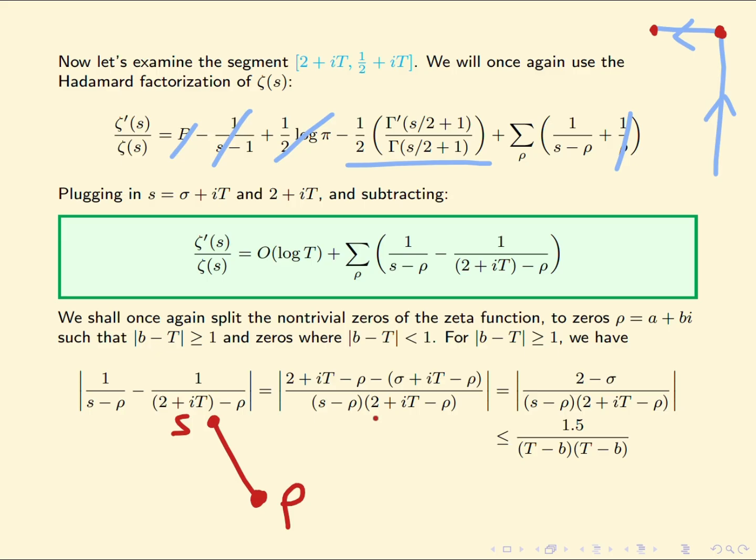But because t and b are just the imaginary parts of them, if I'm not sure where the x is, let's say the x is over here, then t and b are just these two numbers. So the height, if you think about a triangle, the length of this part of the triangle would be t minus b. So that's why this is less than or equal to this.